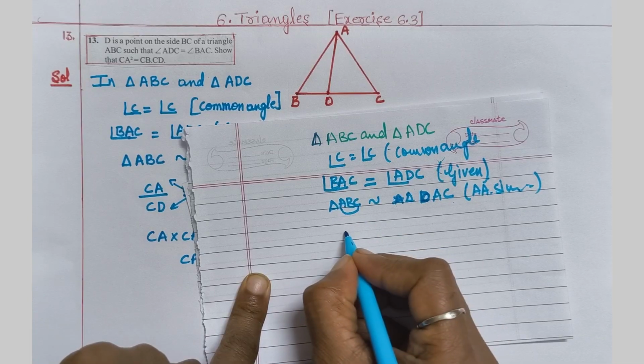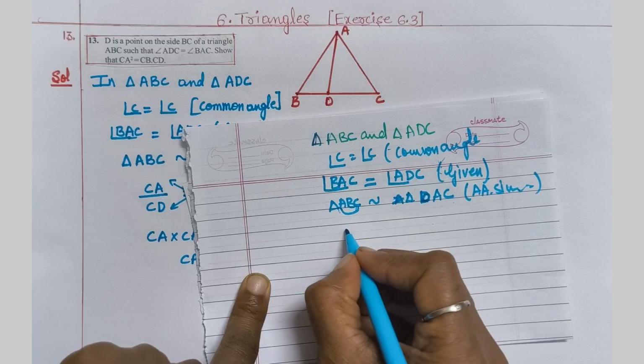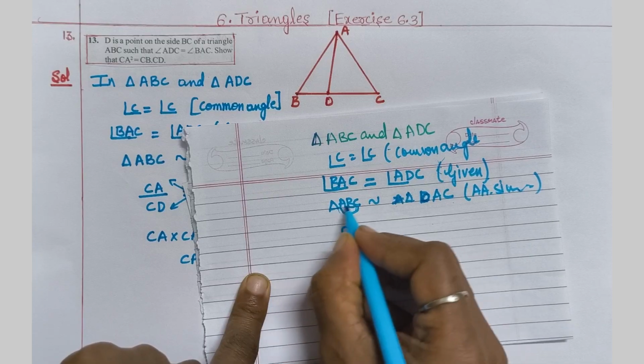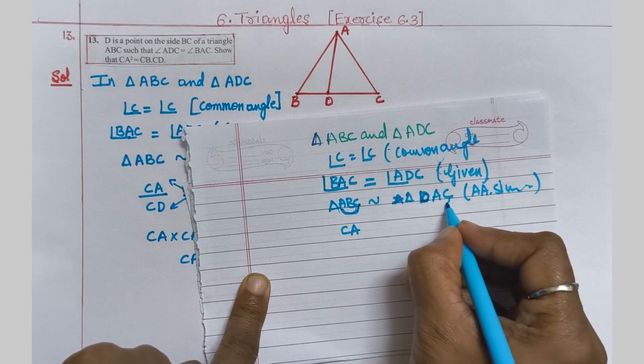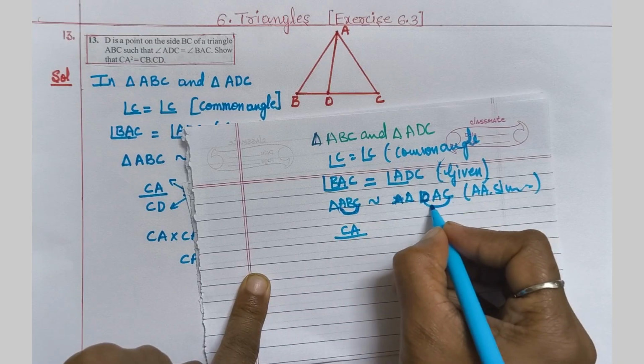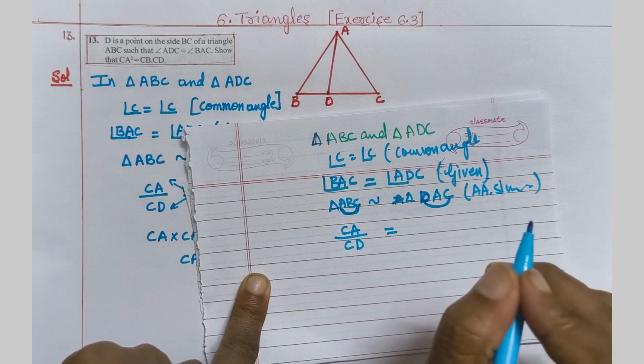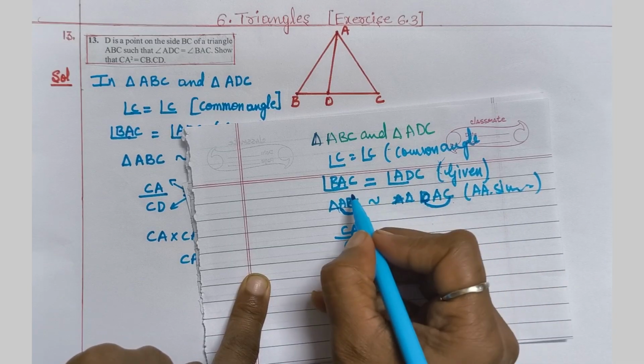So now CA is proportional to CD. Try to understand this better. Next, BC.